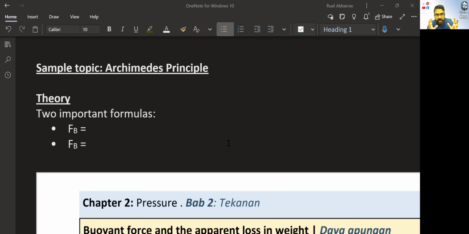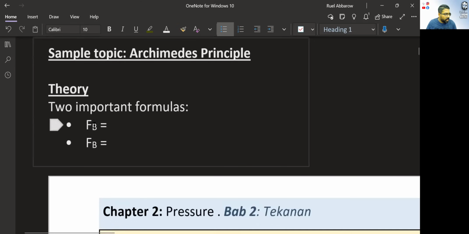So let's look at the theory first. There are two very important formulas that you need to know for this topic, if it comes out in your Paper 3. The first formula is FB. FB represents buoyant force. Archimedes' principle is about buoyant force.